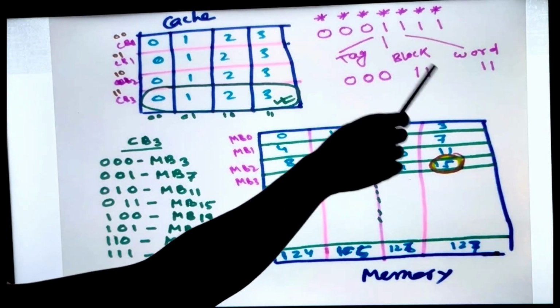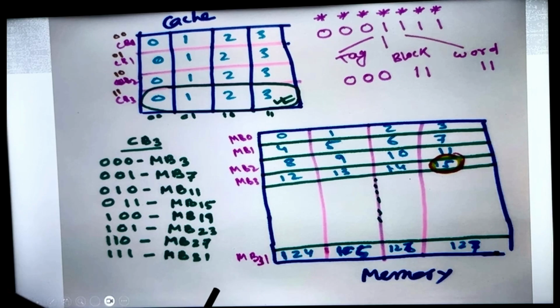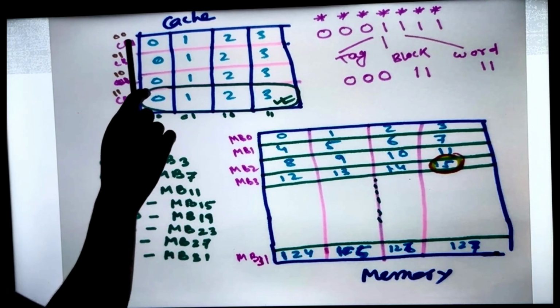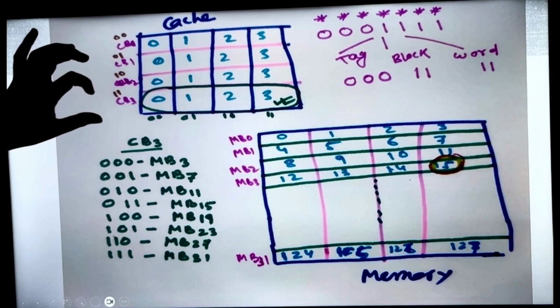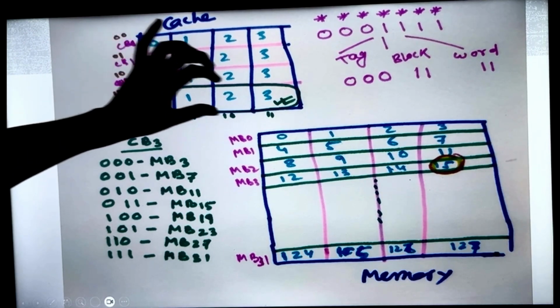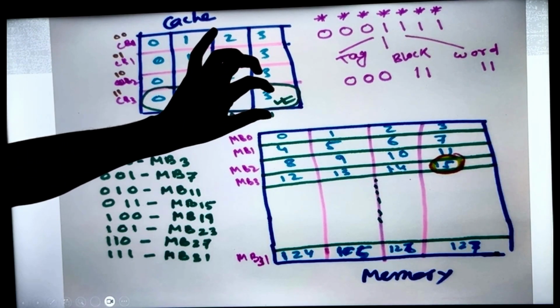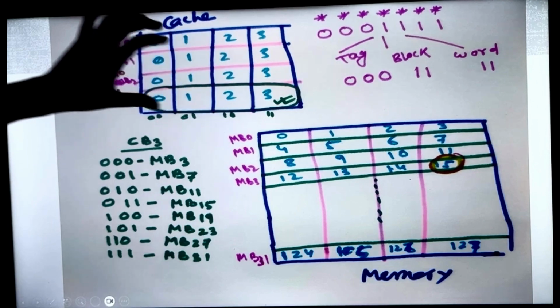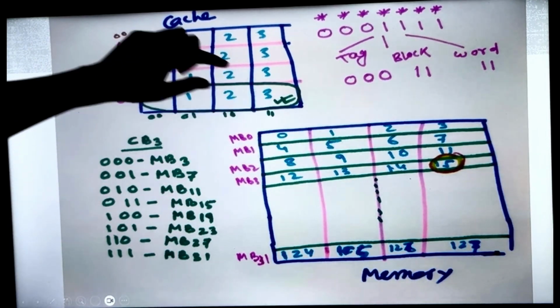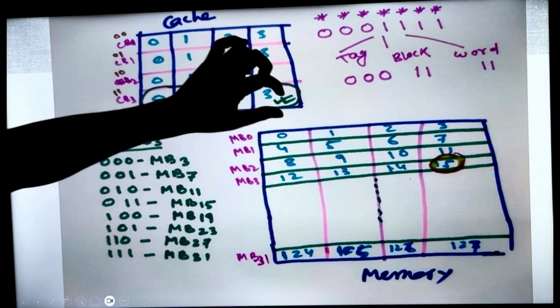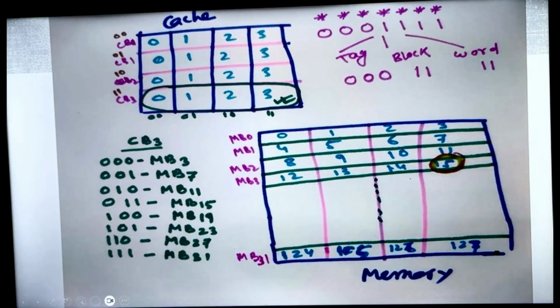Next I have block. Which block? 11. Now I am sure this is the block and this is the word I want. You understood that? From this particular block, given by this part, I am looking for this particular word, because I have these word bits.